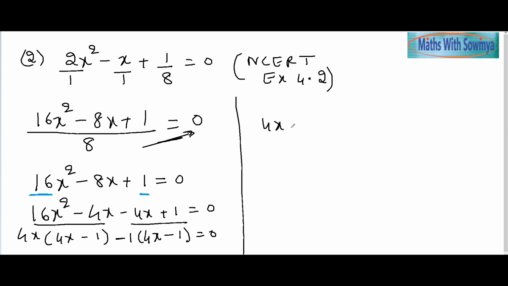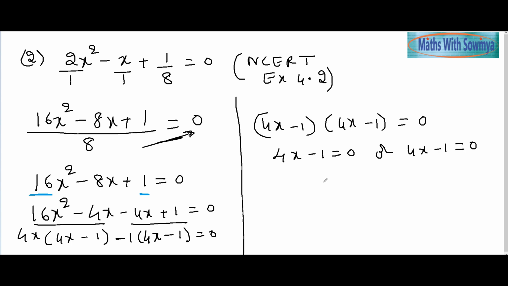So, 4x minus 1 into 4x minus 1 is equal to 0. So, you can say 4x minus 1 is equal to 0 or 4x minus 1 is 0. 4x is equal to 1, so x is 1 by 4 or x is 1 by 4.